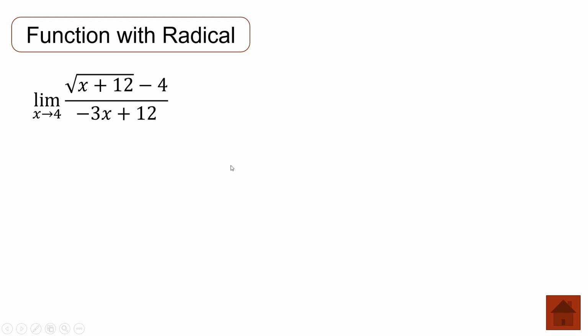So here, in the numerator, we have the radical sign, and that's the part of the function that you have to focus on. So that means here we need to multiply both the numerator and the denominator by the complex conjugate of the numerator. So complex conjugate of that is square root of x plus 12 plus 4, right?